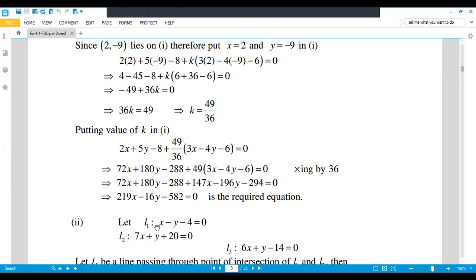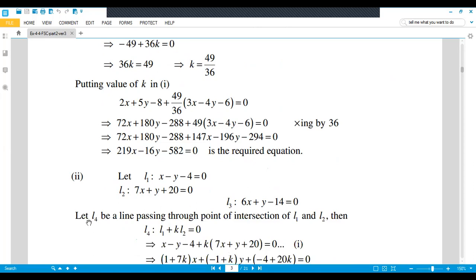Now question number 2 (next part): let L1 be this, L2 be this and L3 be this. Three lines are given.